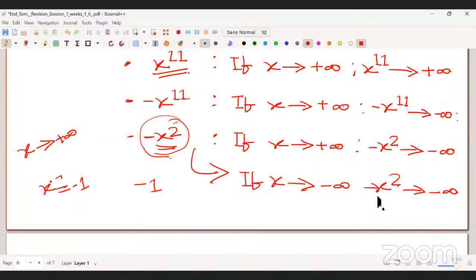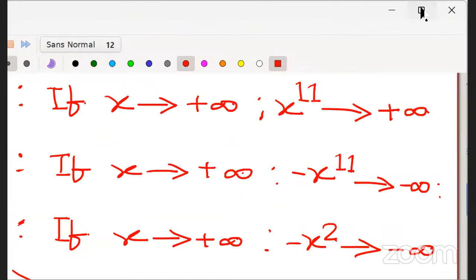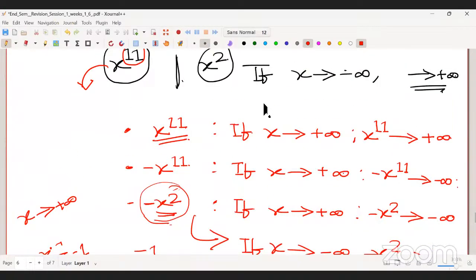Sir, is it enough that we remember these graphs of x square, x cube, minus x square and minus x cube? No, I don't think so. You have to understand the concept.